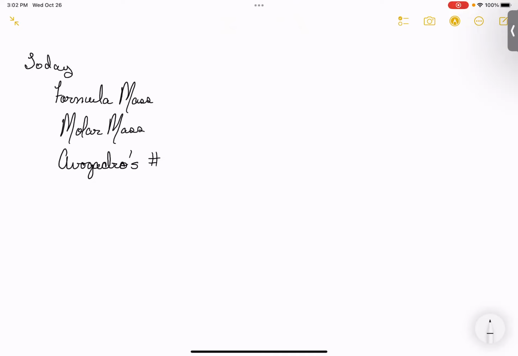For Monday, the main focus was getting down the process of doing a calculation and recording the answers to the correct sig figs. So when we're dealing with a reading problem, you're going to be given a piece of information and you're going to be asked to convert that into a new unit.